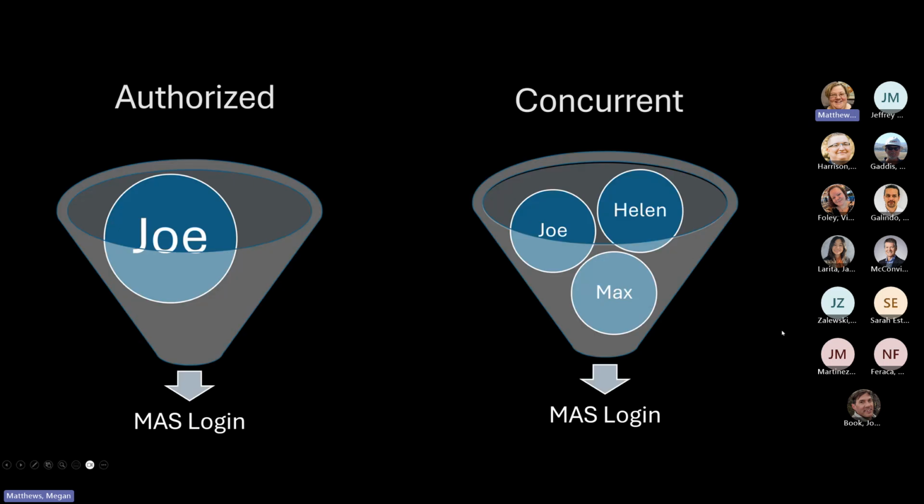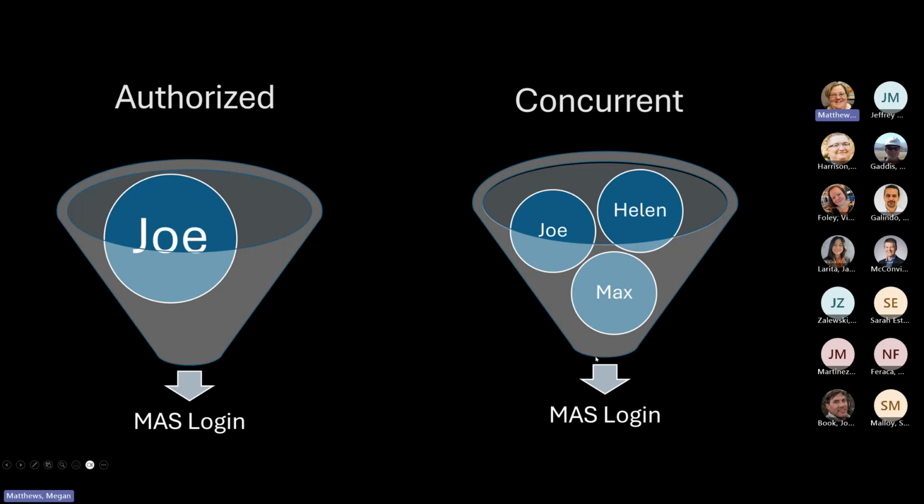So I tried to draw a little bit of a diagram to help with this. If you consider Maximo as this funnel, if you're authorized, you sit in that funnel, and whenever you want to go in, you can go through the funnel. Whenever you want to leave, you can open up that funnel back again. It's constantly open. As a concurrent user, you can have a bunch of people in here. And if Max wants to sign into that funnel, he plugs it up for anybody else.